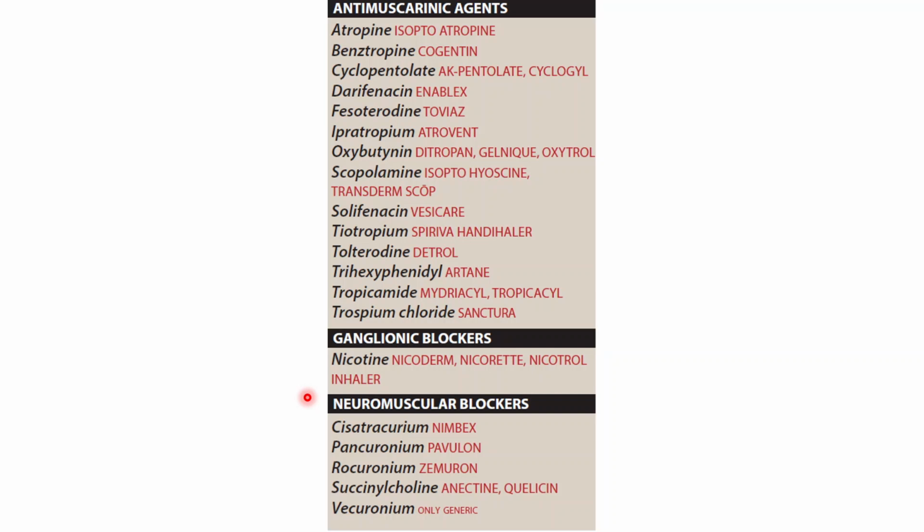So these are the cholinergic blocking agents. The difference between the antimuscarinic agents and the ganglionic blockers is that antimuscarinic agents will block M cholinergic receptors, ganglionic blockers will block the nicotinic or N receptors, and the neuromuscular blockers will block the nicotinic muscular type that is in skeletal muscles.